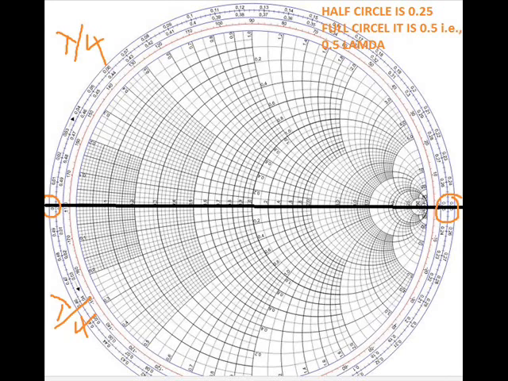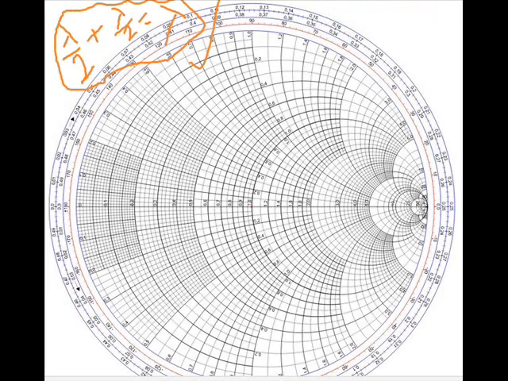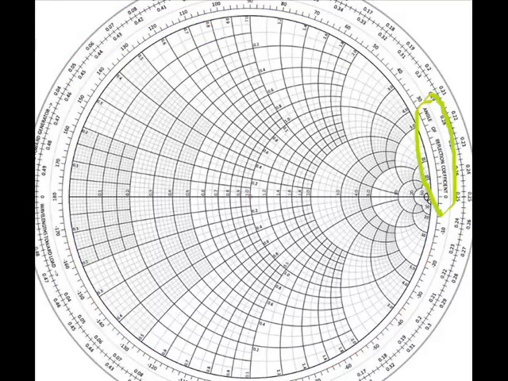For a full circle, I am moving a distance of lambda by 2. Now somebody may ask, if I want to cover lambda distance, the answer is very easy. If one circle in the Smith chart gives you lambda by 2, then you need two circles. Lambda by 2 plus lambda by 2 is equal to lambda.